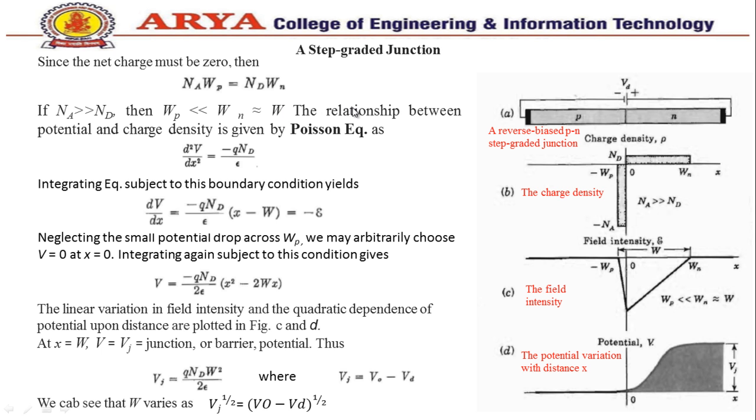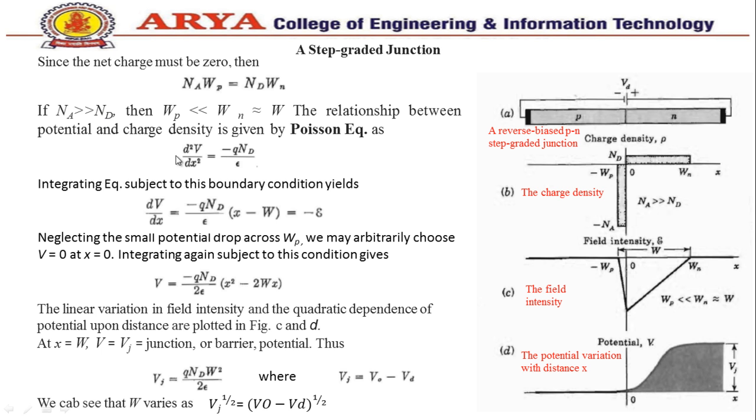The relationship between potential and the charge density is given by Poisson equation. We already know the Poisson equation: d square V upon dx square equal to minus rho upon epsilon. Here rho is replaced by minus q times Nd, as Na is much greater than Nd.